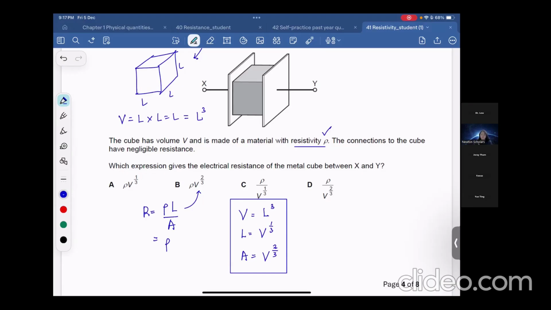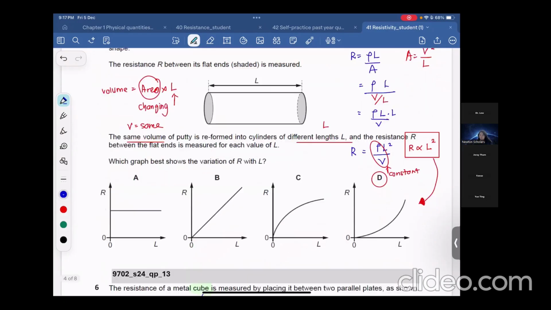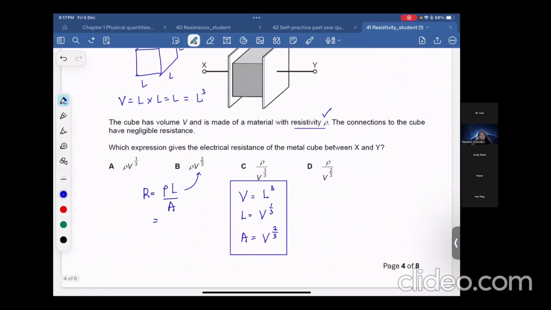Can you proceed with the rest? According to the question, it only involves resistivity and volume. So we have to think how to make L in terms of V, and how to make A in terms of V. Actually, it is the same idea as just now. Can you proceed and then tell me your answer?